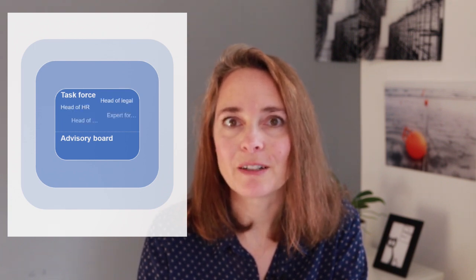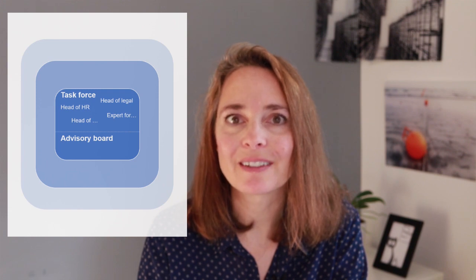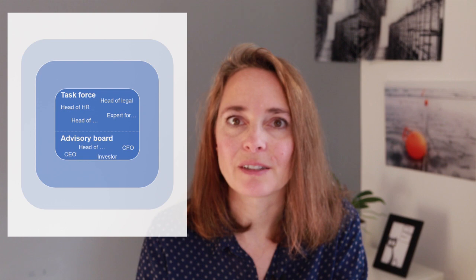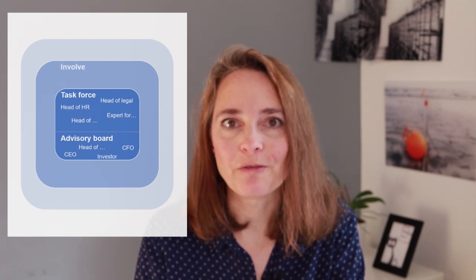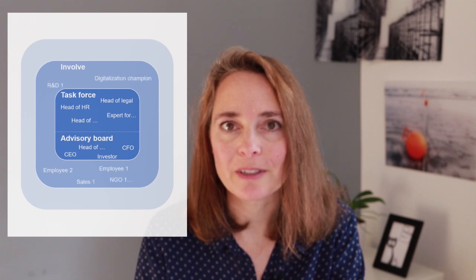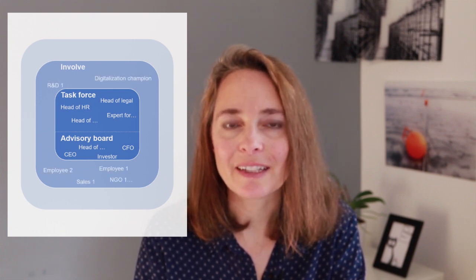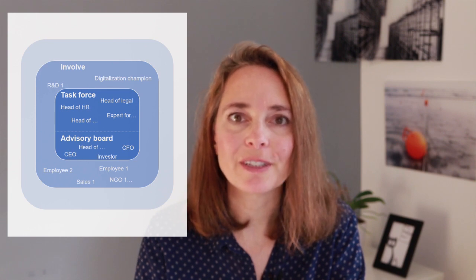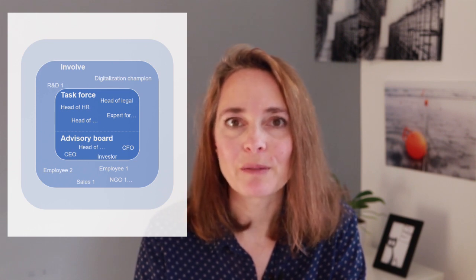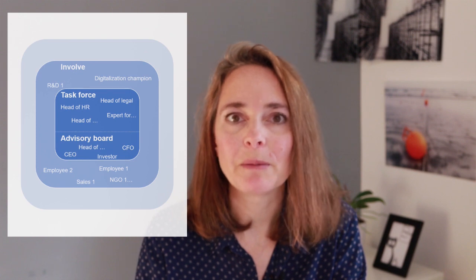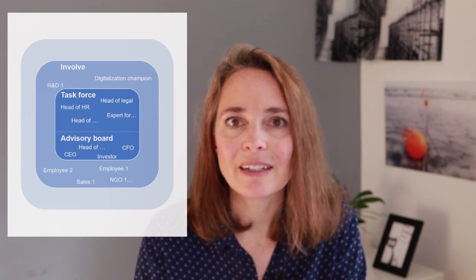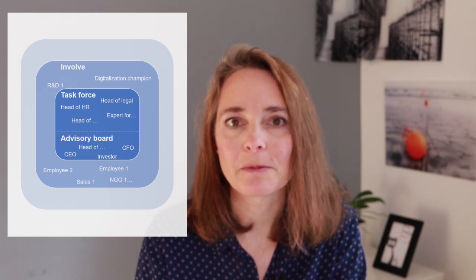And I would write down the names of the persons representing the categories, not like I did here, the categories, of course. And then I have people that I want to involve closely in the process. I also note down their names, not like you see here the categories. This is just for showing you. I want to involve them closely, maybe in workshops, maybe in feedback rounds, and plan the whole process with them.